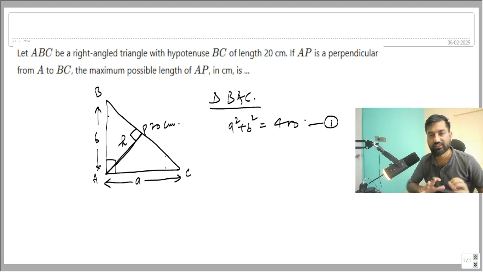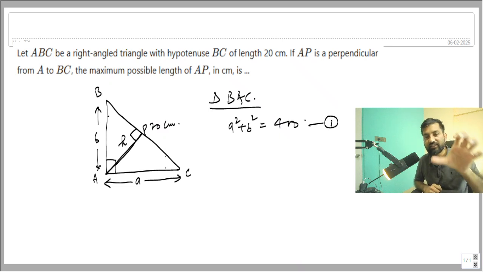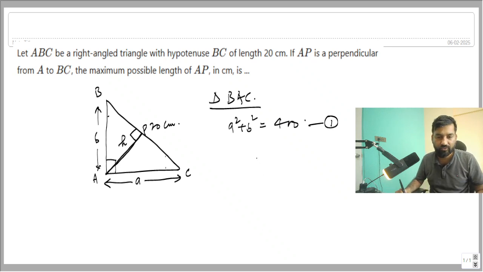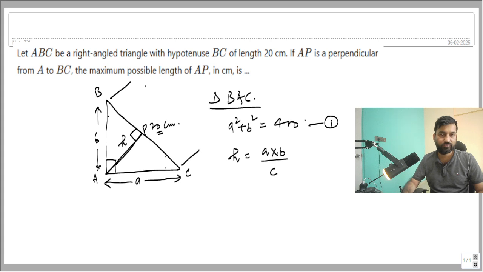I have discussed it in class and everywhere, and you should know this concept from high school mathematics. If you draw a perpendicular from A onto the hypotenuse, please remember the height H is going to be the product of a into b upon the hypotenuse, that is c, which is nothing but 20 here.